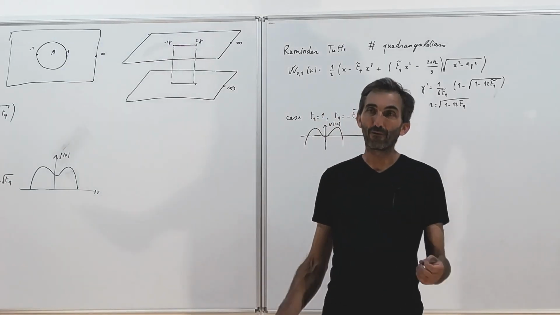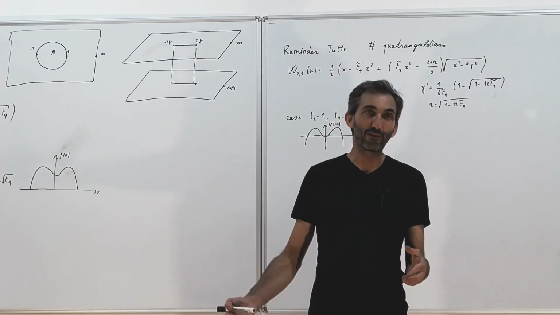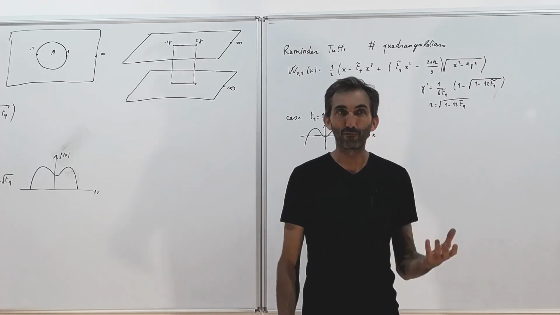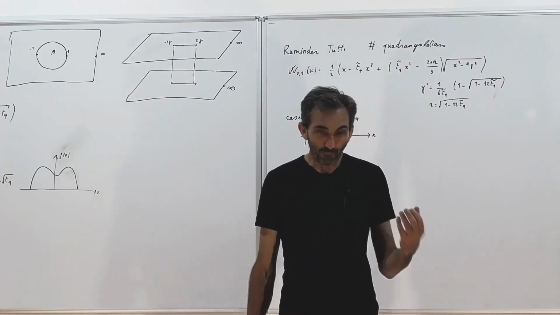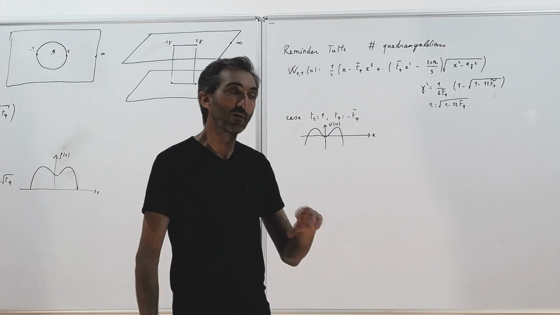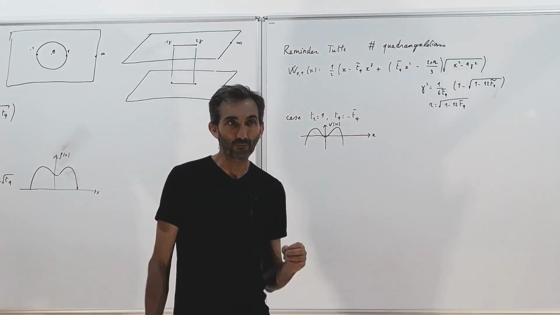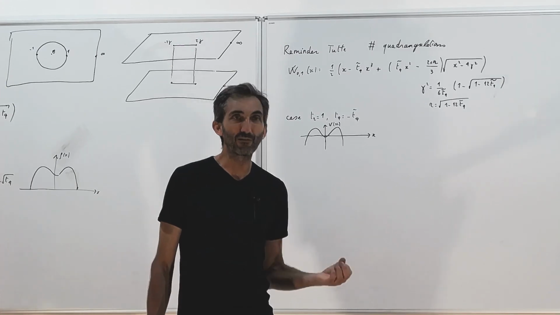It seemed that solving random matrices was easier than counting triangulations, than solving combinatorial problems. Nowadays, we understand that it's a little bit the opposite. It's easier to solve combinatorics than doing the analysis of a random matrix model.